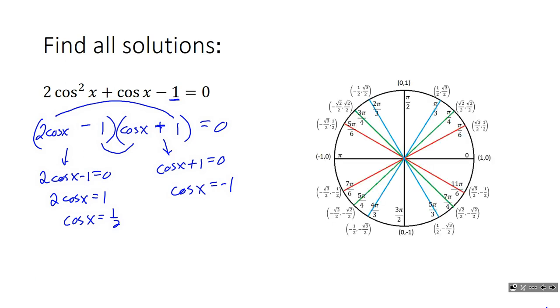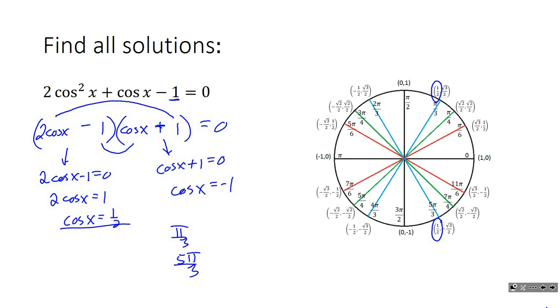And let's look at our unit circle and just pick out the correct angles. For cosine x equals 1/2, I see that in quadrant 1, not in quadrant 2. I do see it way down in quadrant 4. So it looks like we have pi over 3, and we have 5 pi over 3.